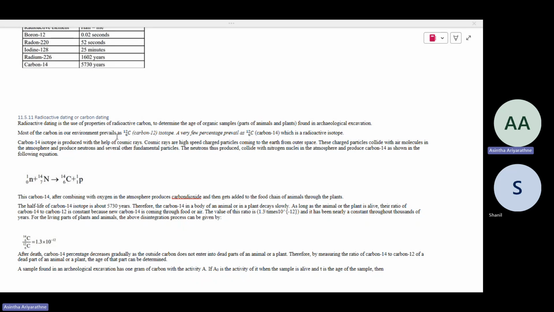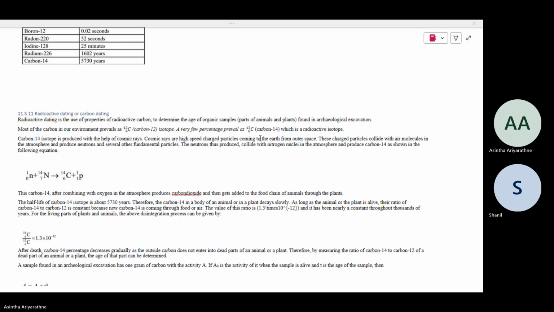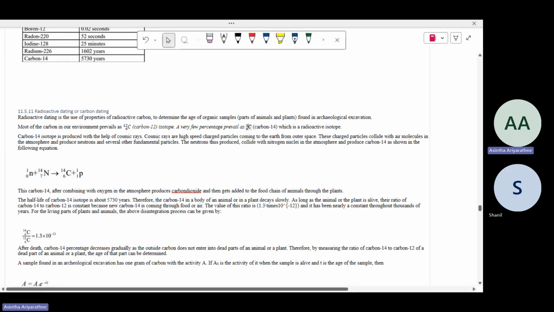The most common one is the carbon-12 isotope, and in addition to that, the carbon-14 isotope is also there. Most living beings have these two isotopes, carbon-12 and carbon-14.